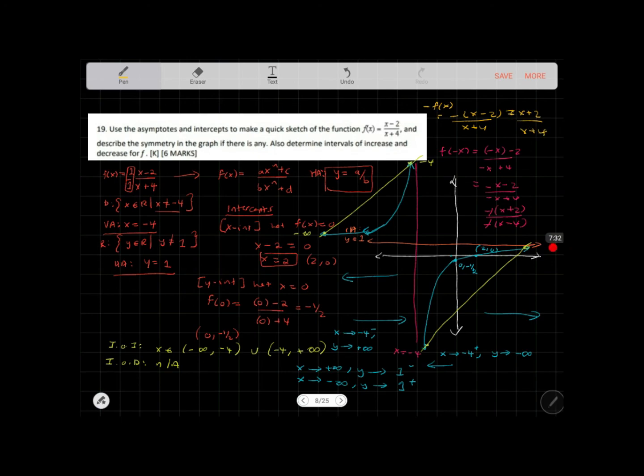So you can see that this is not an odd function, and the reason it's not an odd function is because f of negative x does not equal negative f of x. So it's not an odd function, but we did look at the intervals of increase and decrease. Okay, so that's the idea.